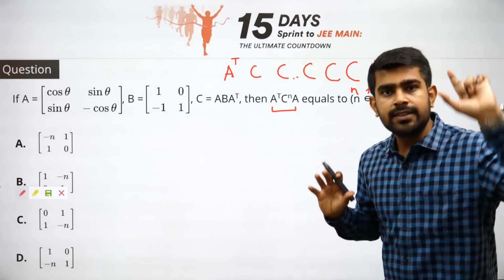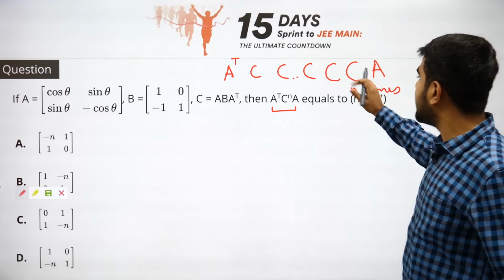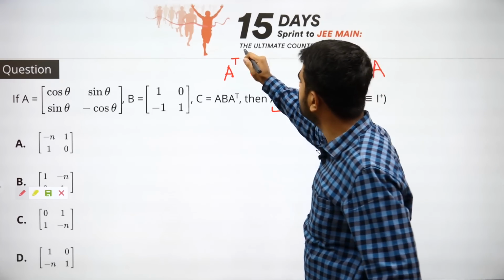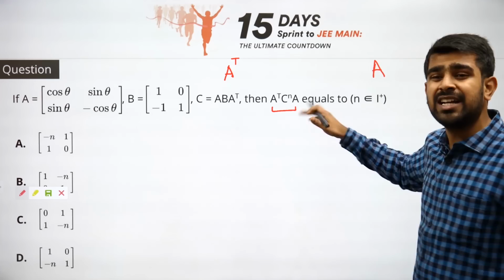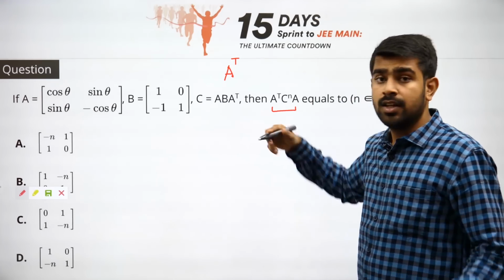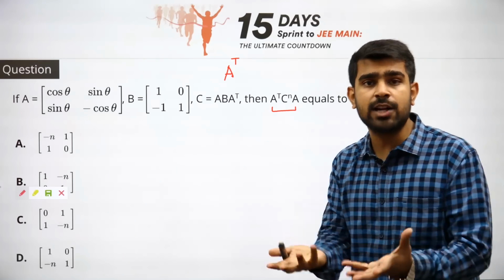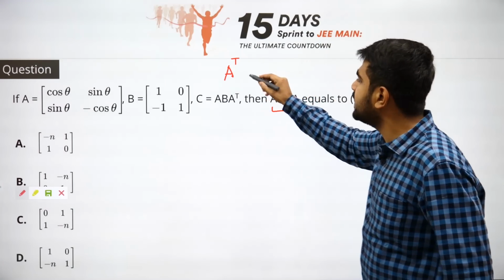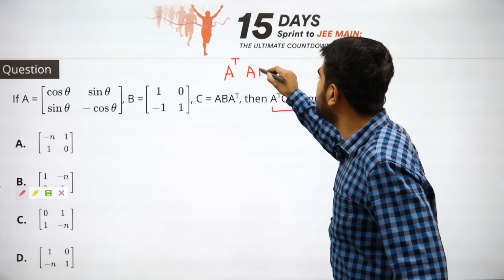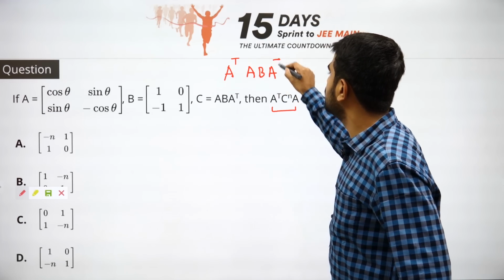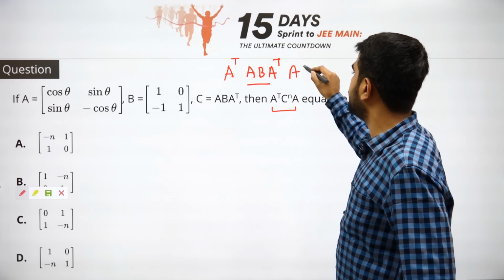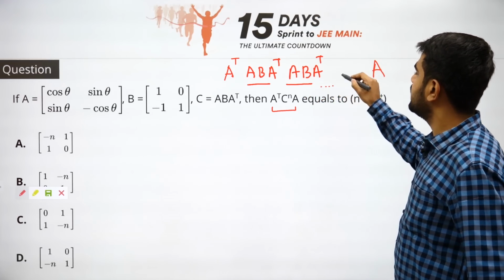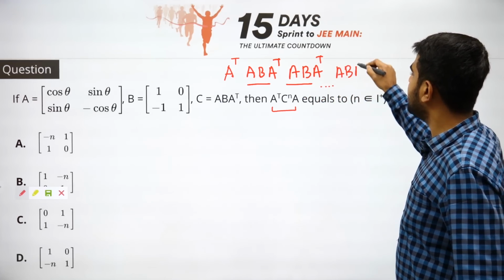Is that fine? Now, what will I do? I will write down what is C, because only if I write it in the expanded form, I can work around it, right? So let me write it in the expanded form. It is going to be AB A transpose, that is the first C. Then AB A transpose, that is the next C. Like that you have the nth C, AB A transpose.